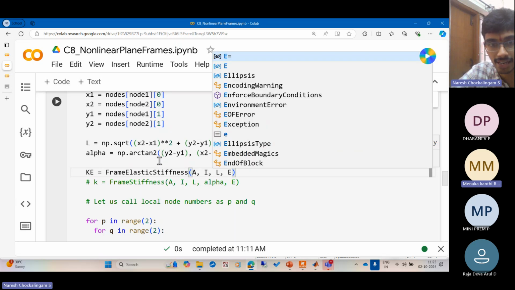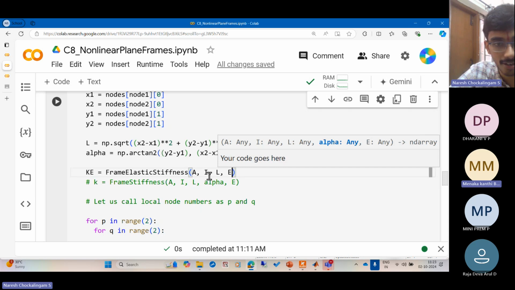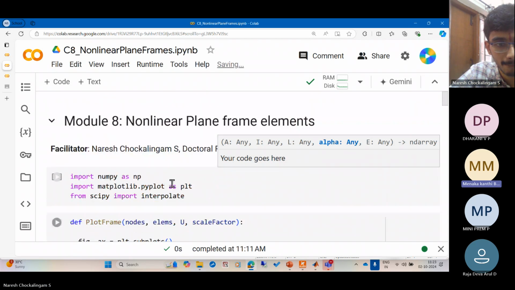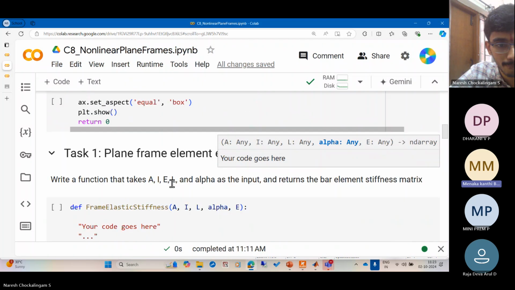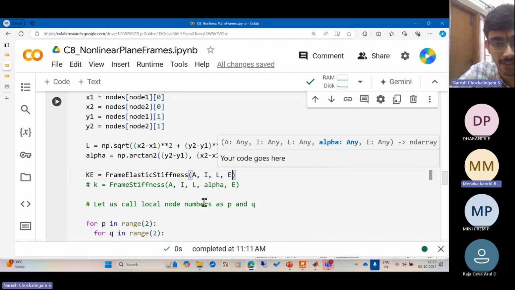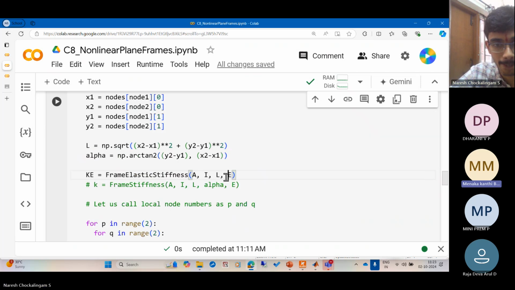It can depend only on A, I, L, and it should also depend on alpha. A, I, L, alpha, and E.